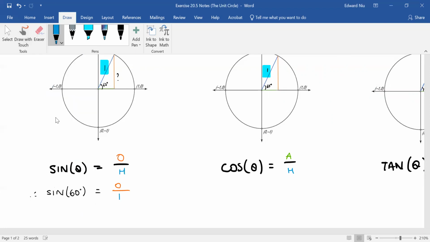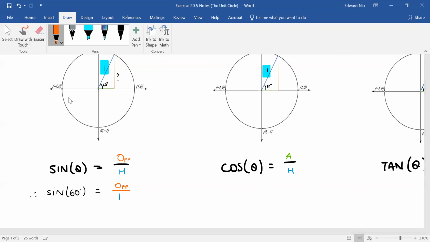Anything divided by 1 is just going to be itself, like 6 divided by 1 is 6, 5 divided by 1 is 5. So opposite divided by 1 is just opposite.